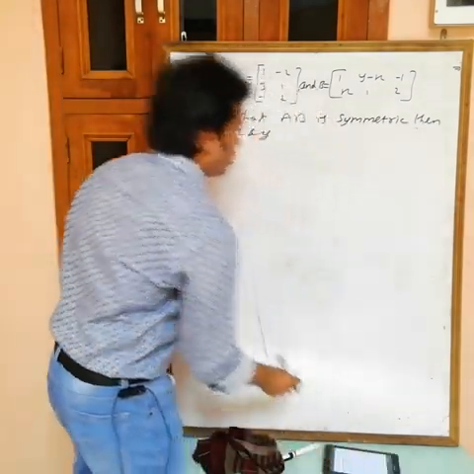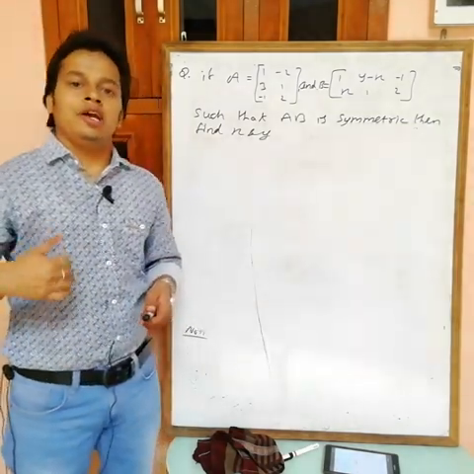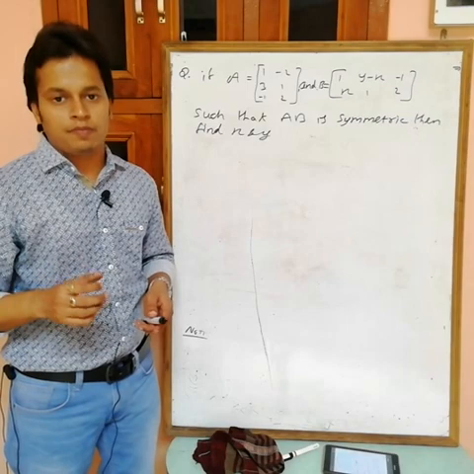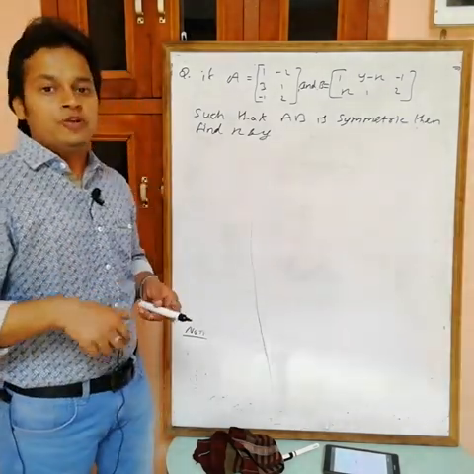Now it is given that AB is a symmetric matrix. If AB is a symmetric matrix, it means AB transpose equals AB, or the ijth element of AB equals the jith element. So first we have to find AB.